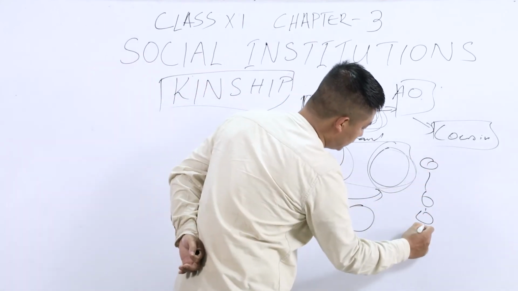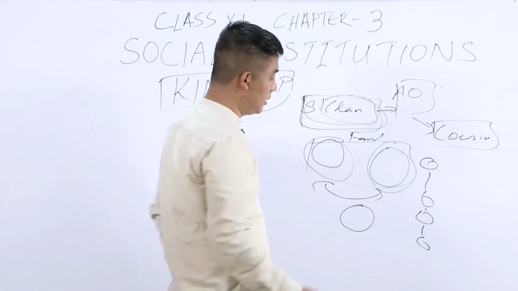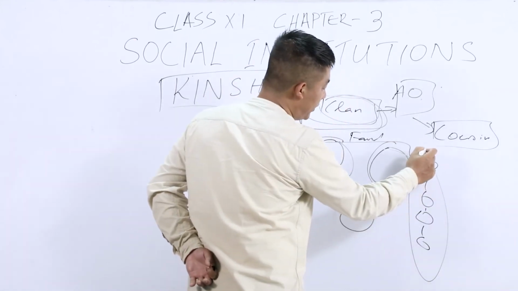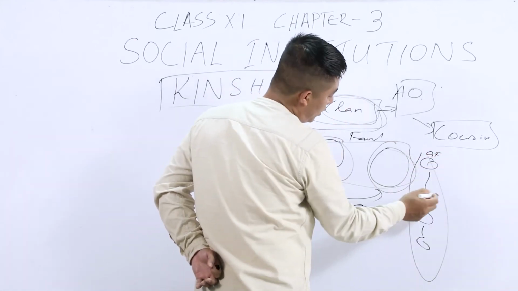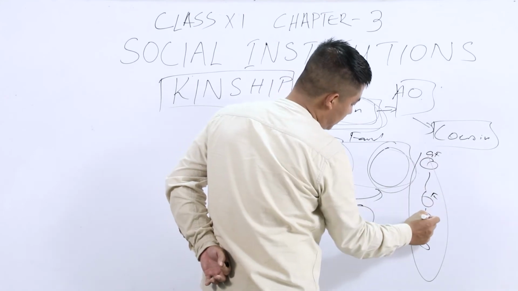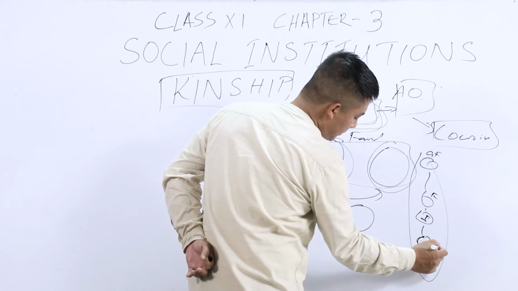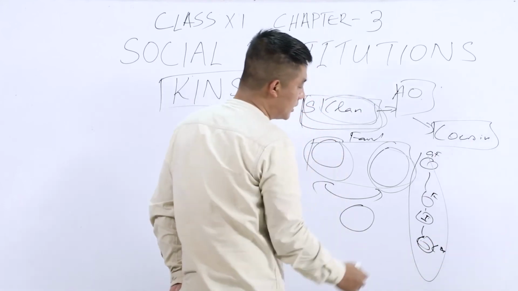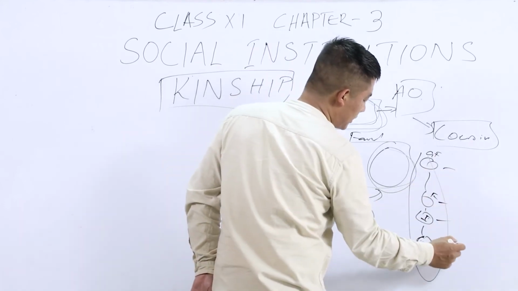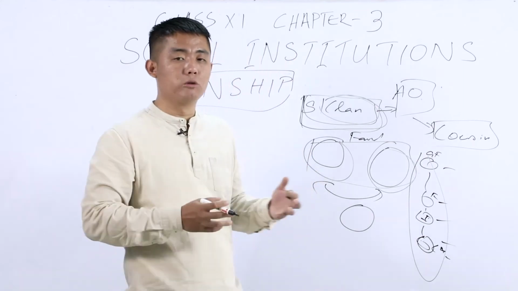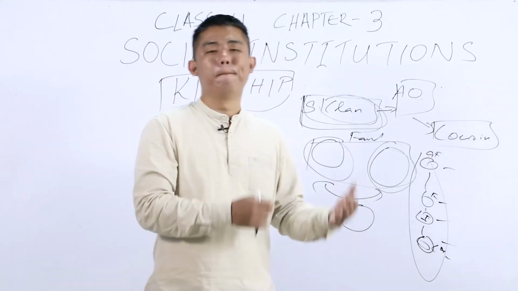Now, you have a certain bloodline. For example, your grandfather, and your father, and here comes you, and then comes your children. Or maybe your cousins as well. Those people are very closely related when it comes to your bloodline.